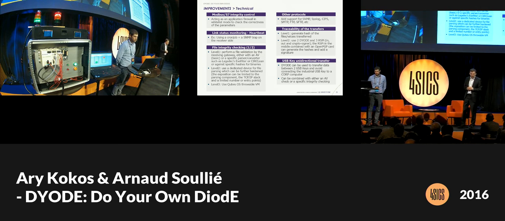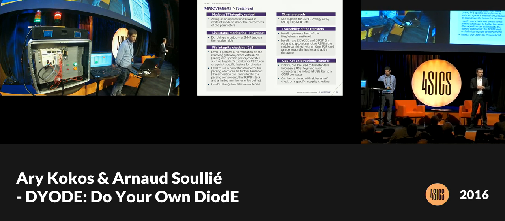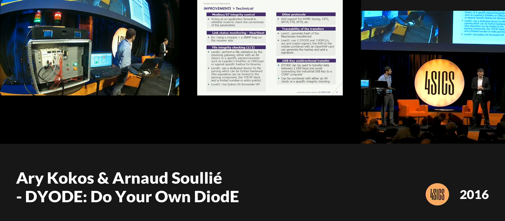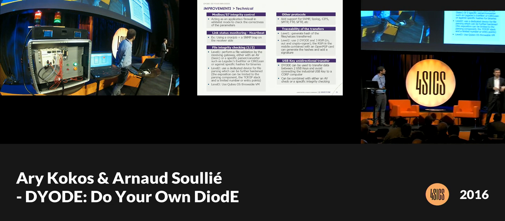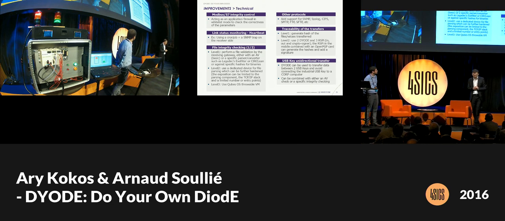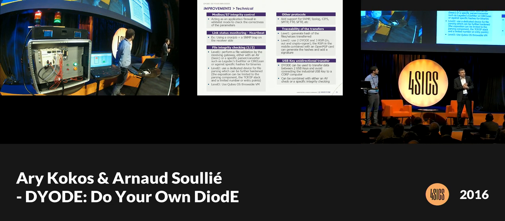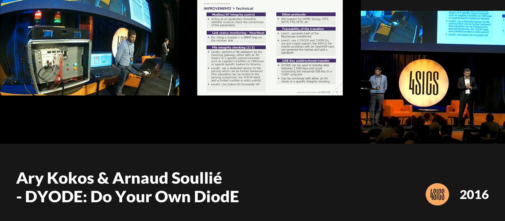We would also like to implement other protocols to have something working out of the box: SNMP, syslog, Windows Share, etc. And we also want to improve the traceability of the transfer. Something very basic we can do is just having a hash of every file which is sent, of the values of the Modbus stored.